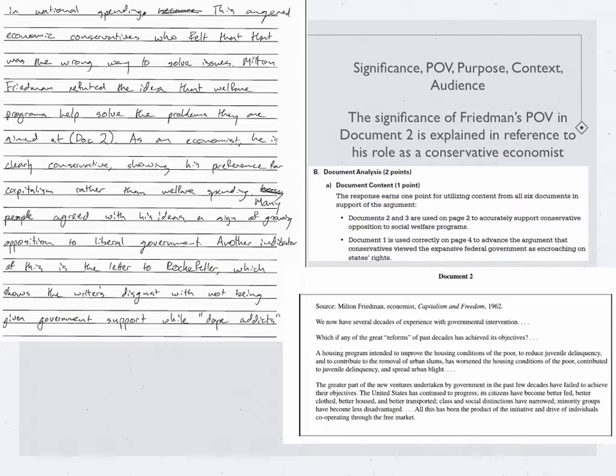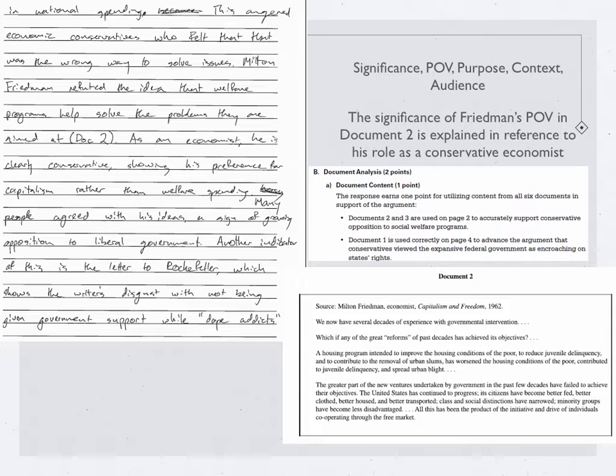Okay, this is the next page, and the scorers stated that they would award document analysis 2 points for the use of document content. It says documents 2 and 3 used on page 2 to support conservative opposition to social welfare programs.